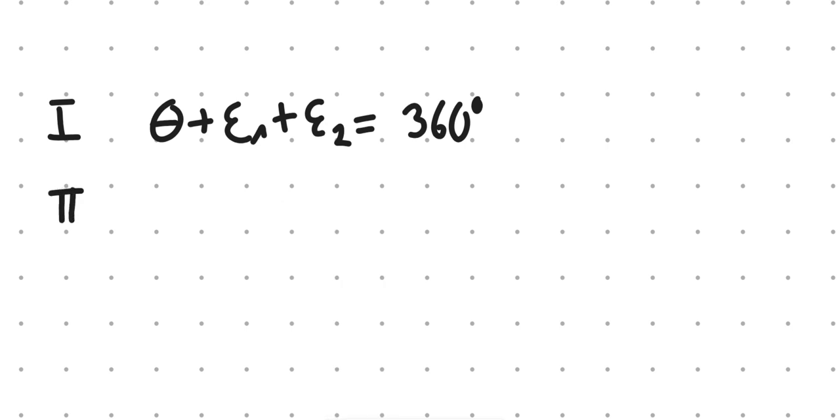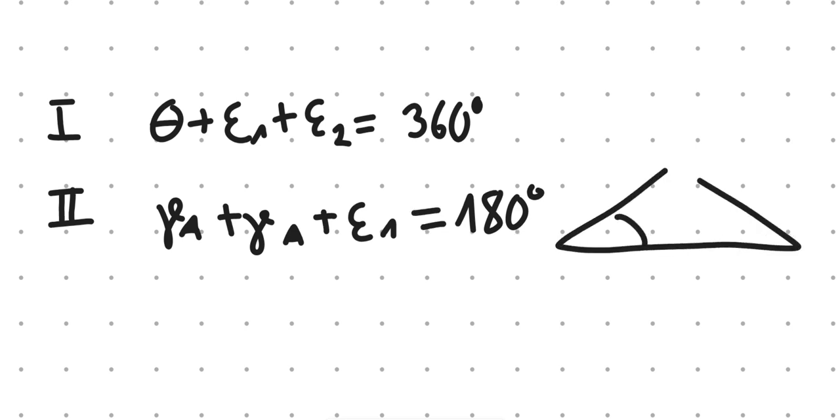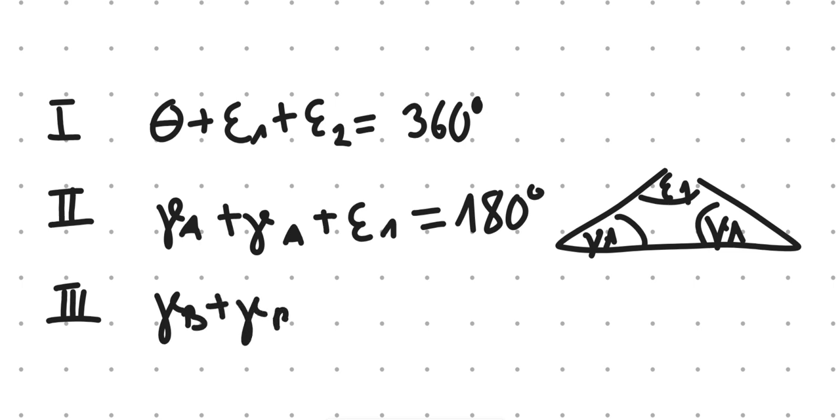The second equation is gamma capital A plus gamma capital A plus epsilon 1 is 180 degrees. This comes from the triangle: the sum of the three angles in a triangle is always 180 degrees, and we have gamma A and gamma A and epsilon 1. We can do the same thing for the third equation: gamma capital B plus gamma capital B plus epsilon 2 is also equal to 180 degrees.